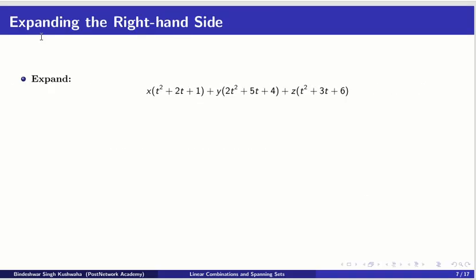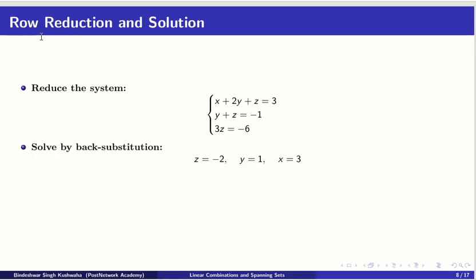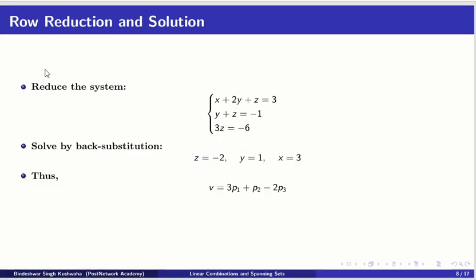Here, if you compare coefficients of t squared, t and the constant, you will get three equations, and if you solve, we will get z equal to minus 2, y equal to 1 and x equal to 3. So we can express V in terms of p1, p2 and p3 as given here.